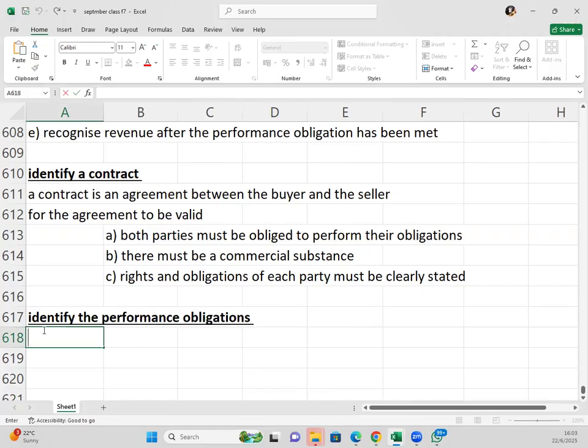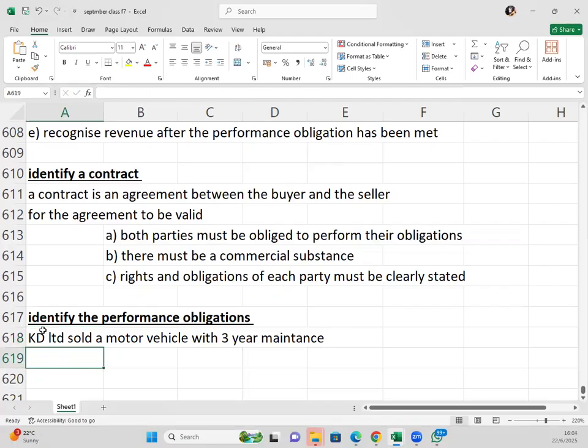Let's say KD Limited sold a motor vehicle with 3-year maintenance. So we've sold a motor vehicle and would provide free maintenance for 3 years.